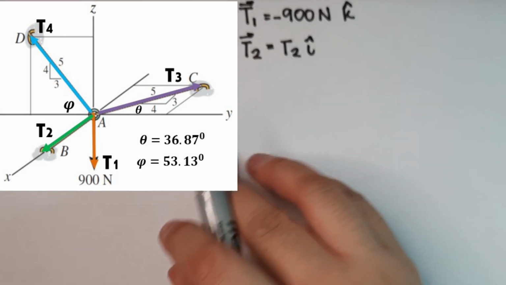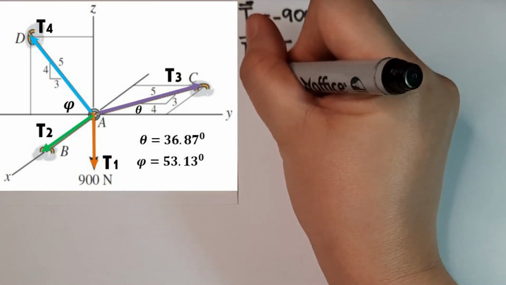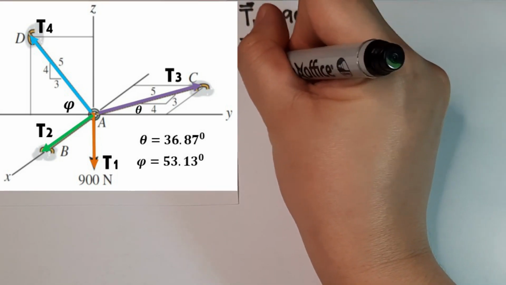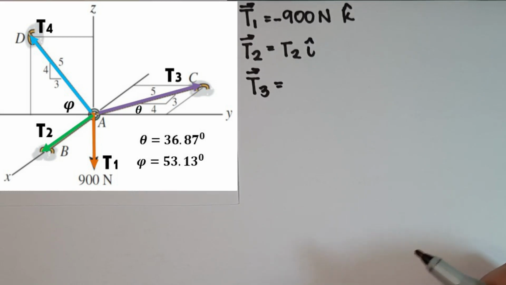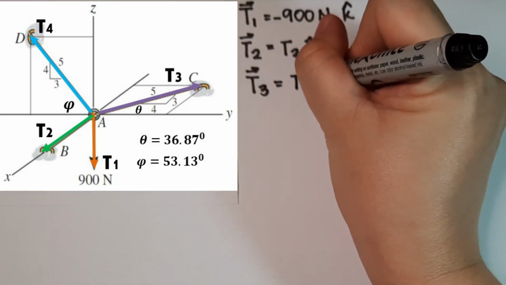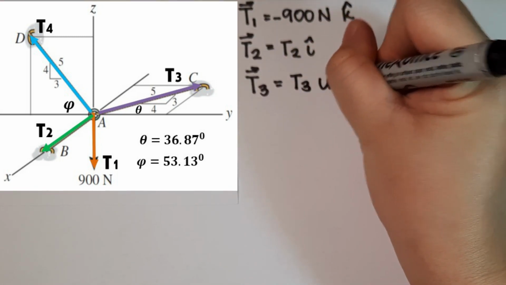Okay, for T3, we will use what we have learned before. Since we have an angle here, to determine T3, I will have T3, the magnitude, times its unit vector.